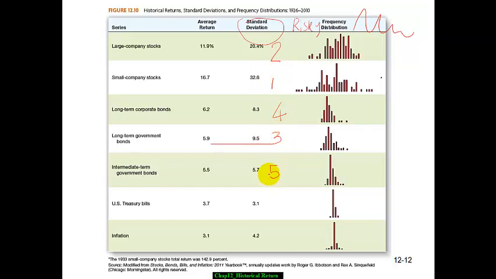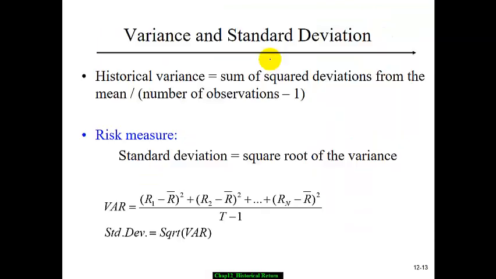Then follow the intermediate government bond, the inflation and the treasuries. One of the reasons why these two rankings are different could be due to the tax exemption treatment in the government bond. Although pre-tax on average it's a bit lower, after tax adjustment for tax exemption treatment, they could be a bit higher compared to the corporate bond.